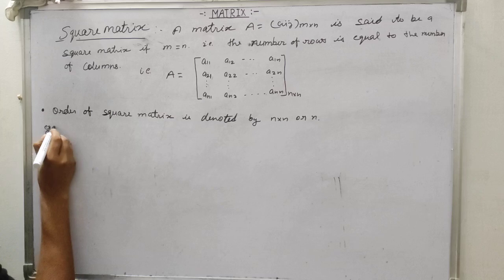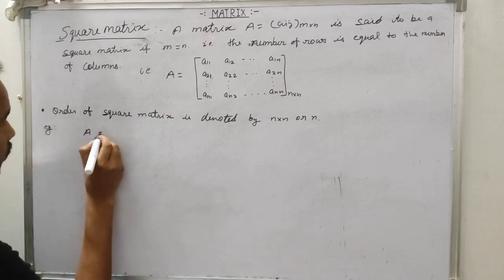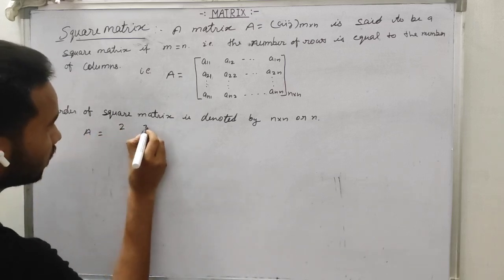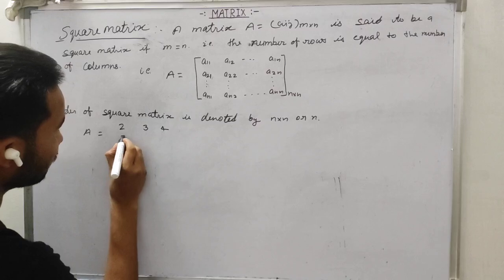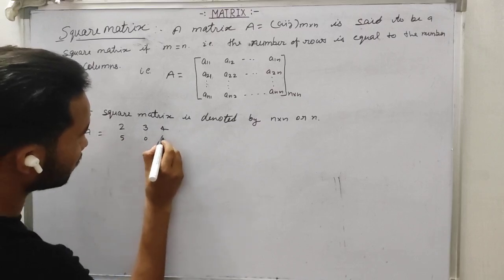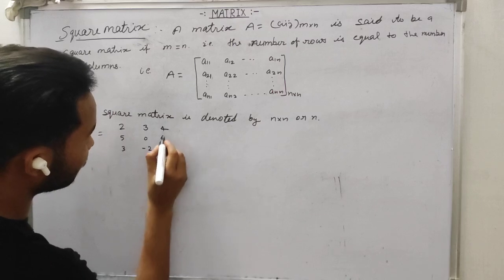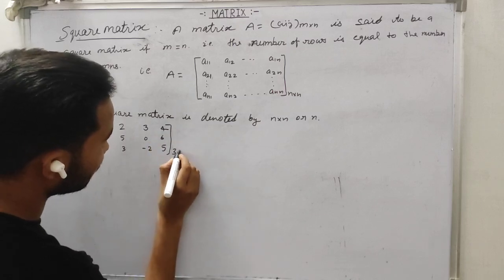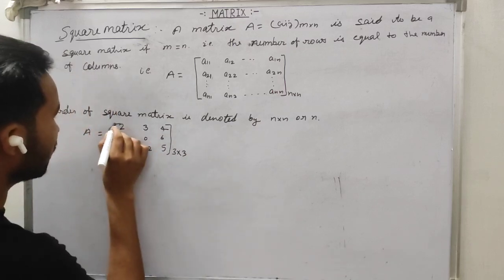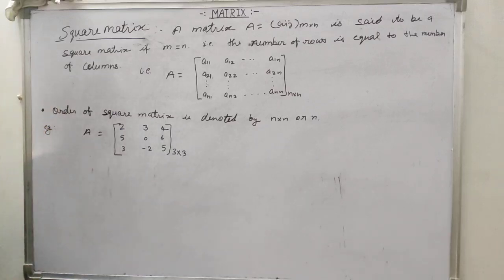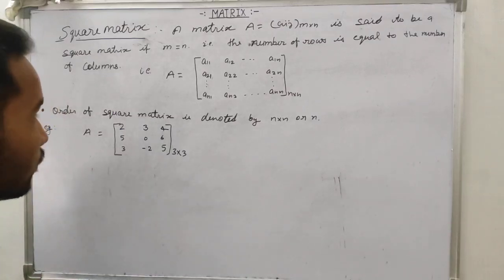Example: E is equal to 2 3 4, 5 0 6, 3 minus 2 5. This is a 3 cross 3 square matrix.